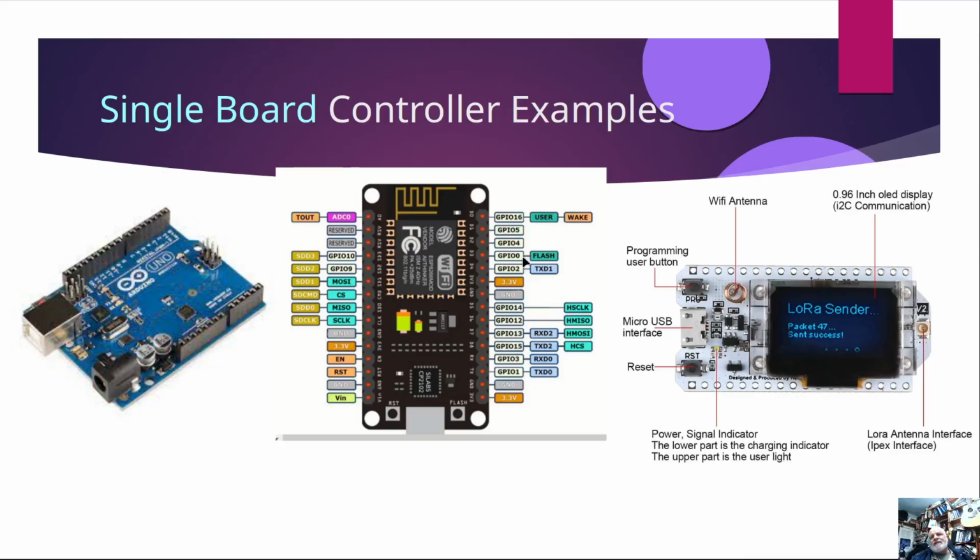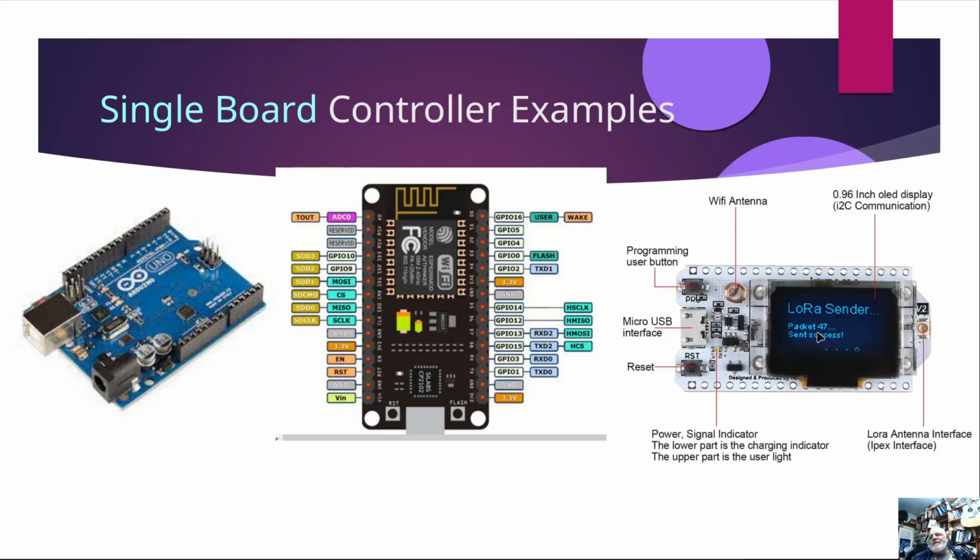They also have these new ESP chips. This here is an ESP8266 in the center. This gives you lots of digital inputs and outputs, and also some analog inputs and outputs, which the Arduino does also. But what's cool about this is it actually has built-in Wi-Fi and Bluetooth right into the chip. So you see this here is the antenna for the wireless communications.